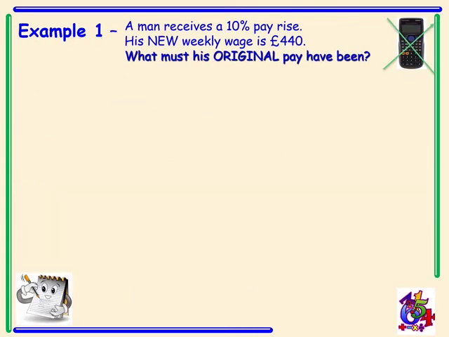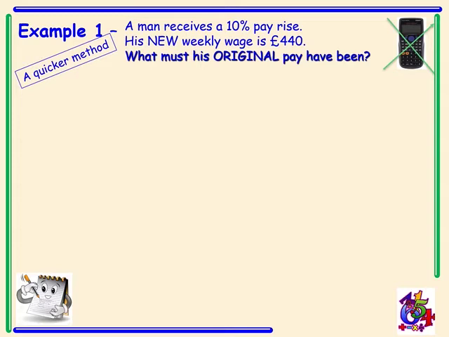Now we're going to look at doing this question without a calculator. The man receives a 10% pay rise, his new weekly wage is 440, and what was his original? If you're ever asked for a starting value or the original, you know it's a percentage working backwards question.